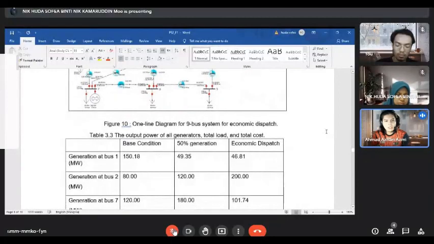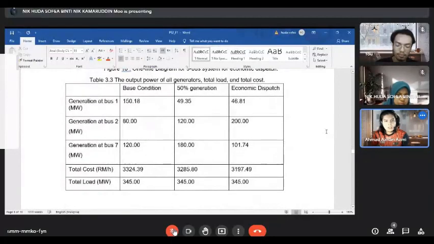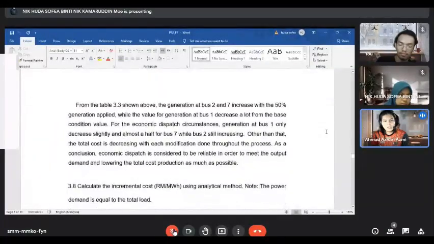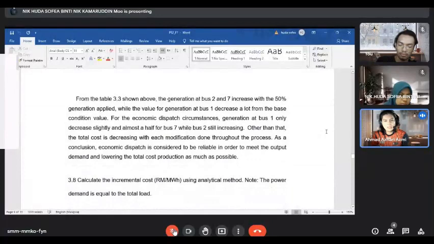Okay, next, this is a table. Generation at bus 1 becomes lower, at bus 2 it increases, and at bus 7 it becomes lower. So the total cost decreases, but the load remains the same.